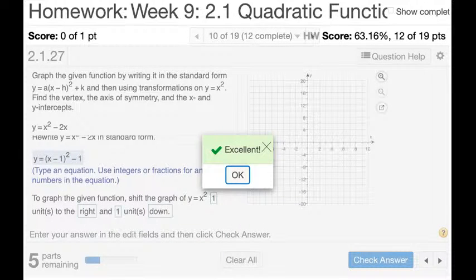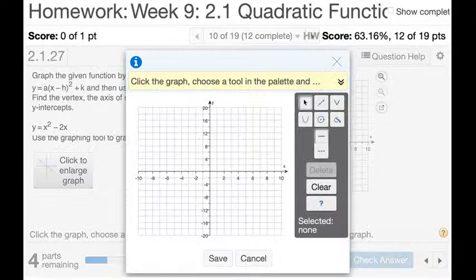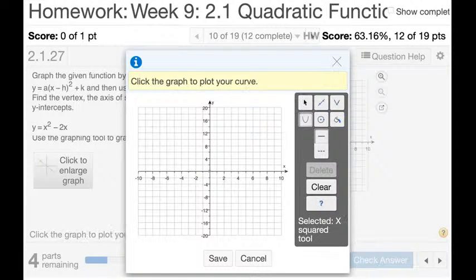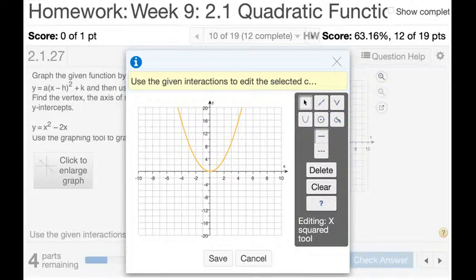Then we're asked the graph. So we're doing a parabola. It just says click to plot. Okay, let's plot the vertex. So the vertex was 1, -1. So here, 1, -1 is there. Oh, let me see. Oh, okay. No, edit. Let me just clear.